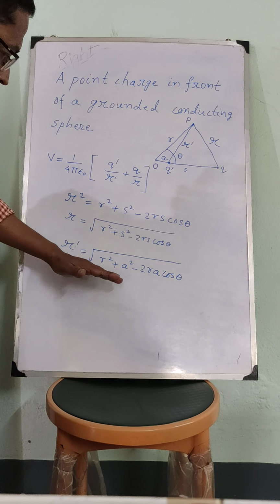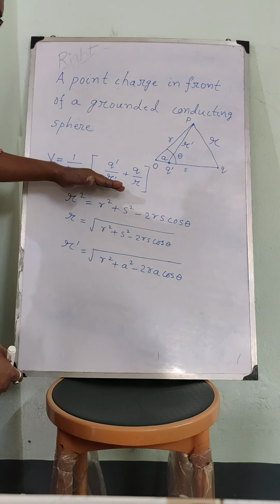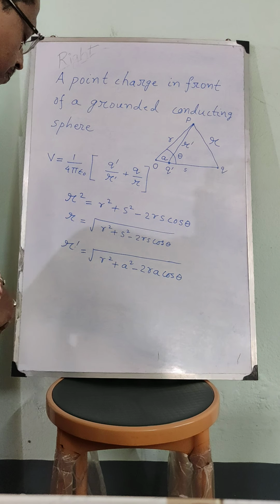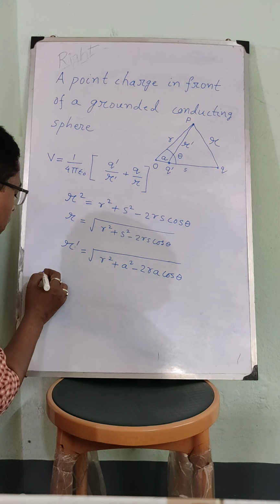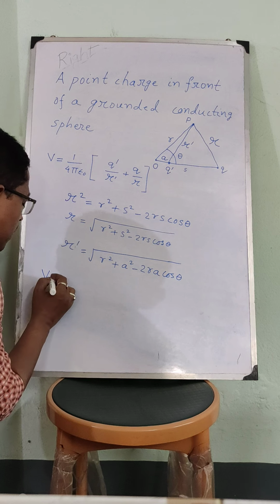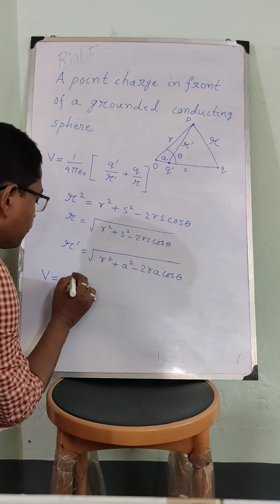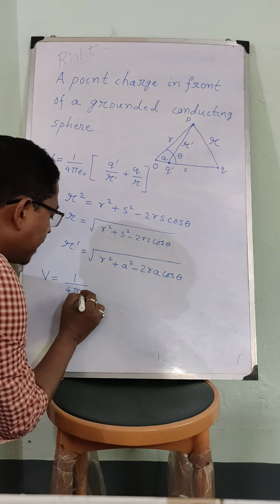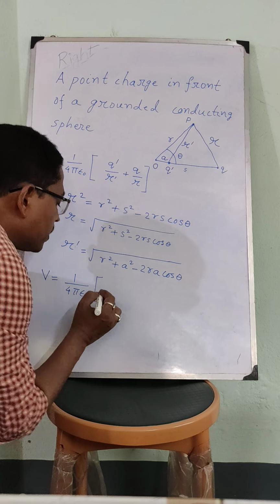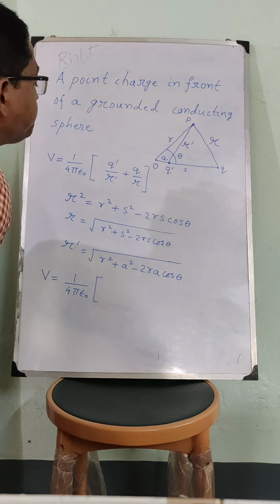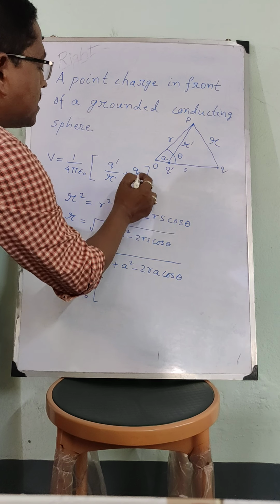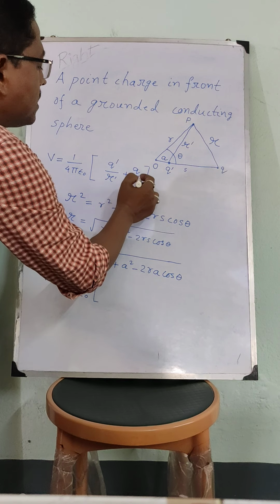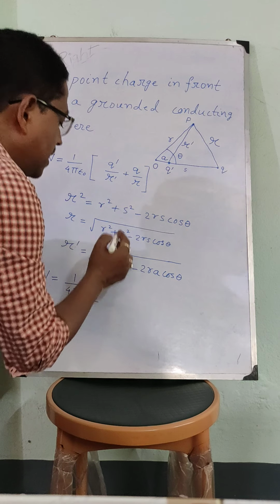Now, I will put these two expressions in the expression of the potential. So, our V becomes V is equal to 1 by 4 pi epsilon 0. First I will write the term q by r, which has a plus sign.